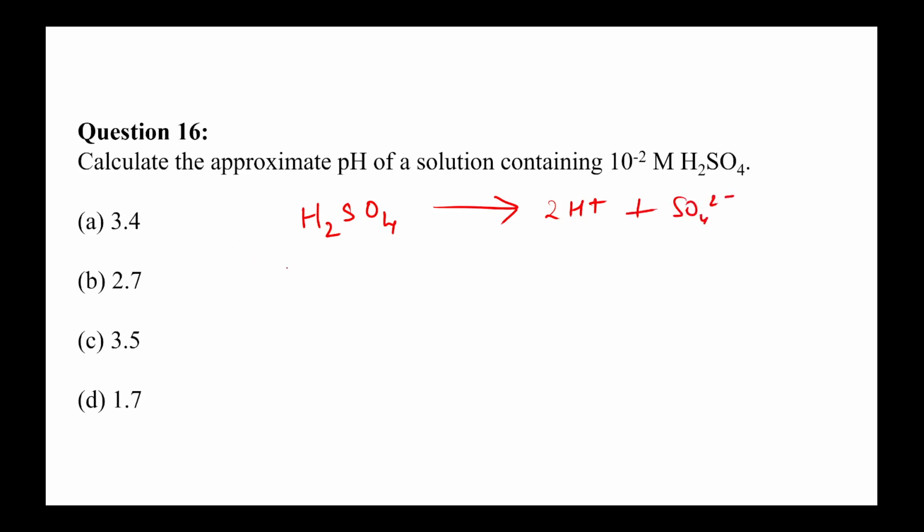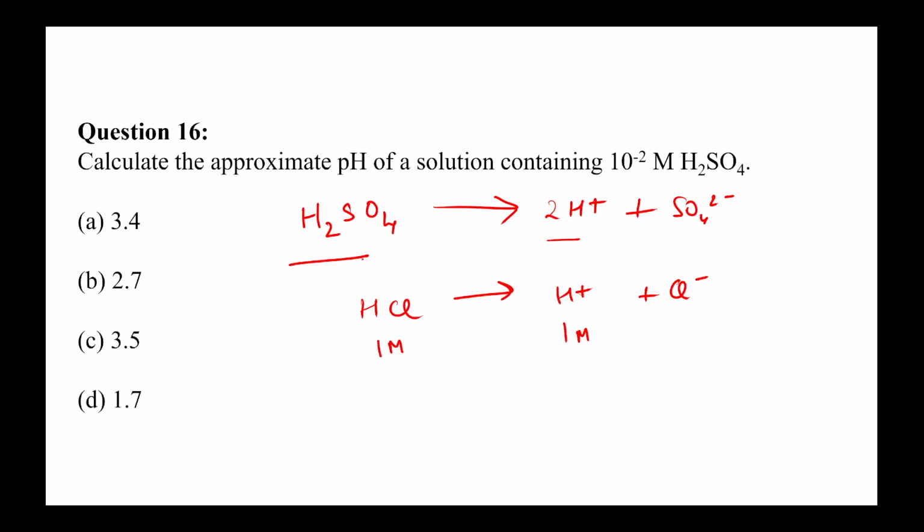So the concentration of H2SO4 will not be equal to the concentration of H plus ion, unlike in the case of HCl. In case of HCl, we had H plus and Cl minus. So if the concentration of HCl was 1 molar, the concentration of H plus was also 1 molar.